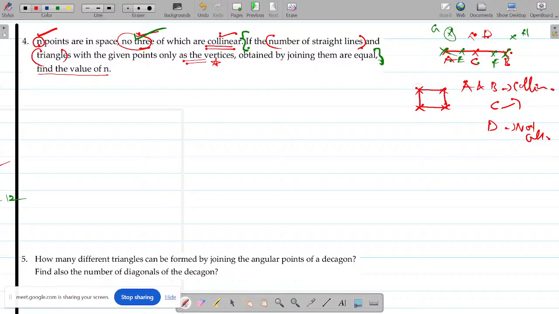A vertex is the joining of two lines. So with the help of the n points given, I join the points to draw straight lines and triangles with the given points as vertices, and the numbers obtained are equal. We have to find the value of n.